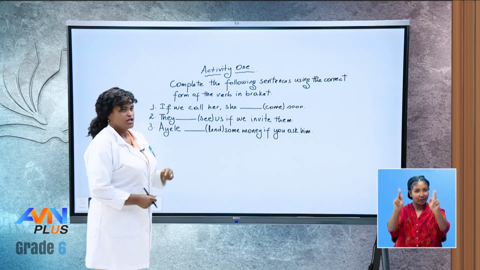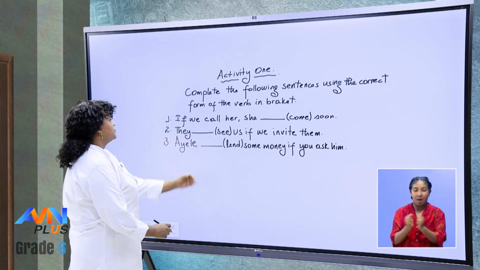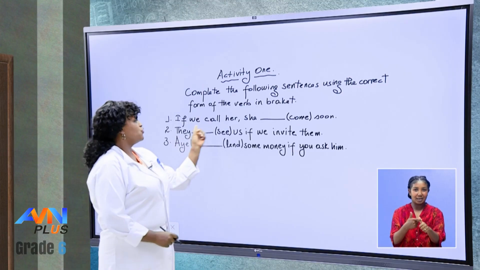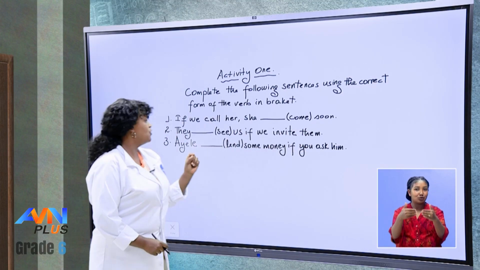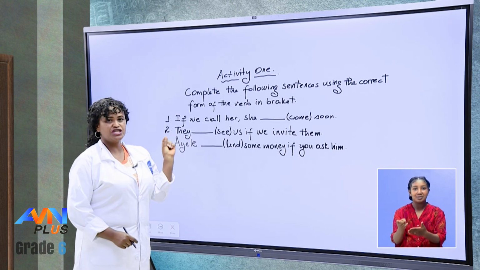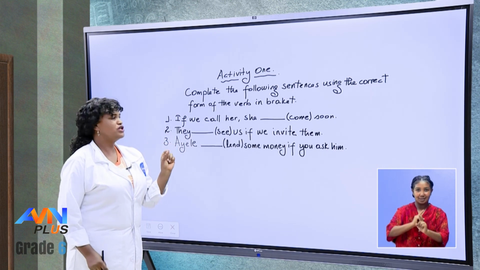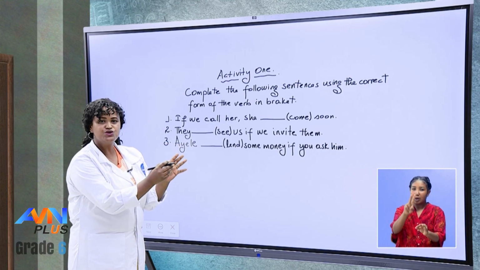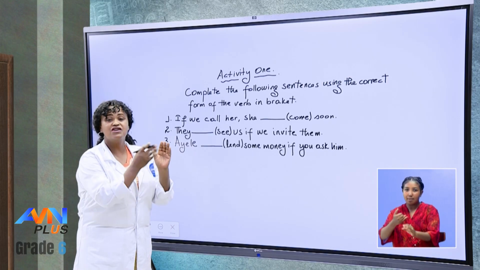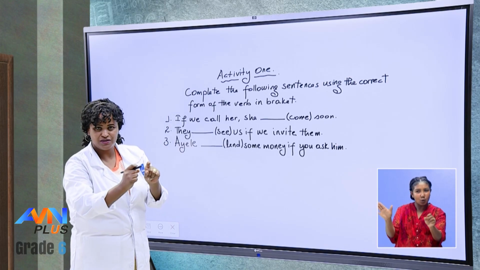Okay, so let's do it together. The first one: if we call her, she blank come soon. Now, look, what do we need to see before we answer? When you find such sentences with two clauses, what do you see? Before you answer, give attention to the complete one, okay?